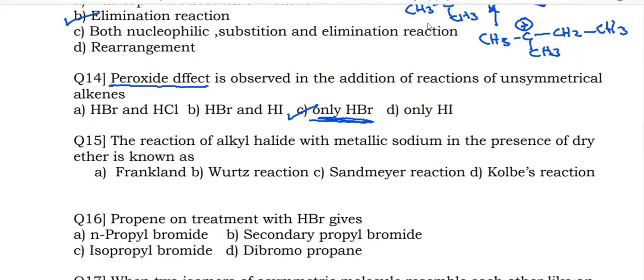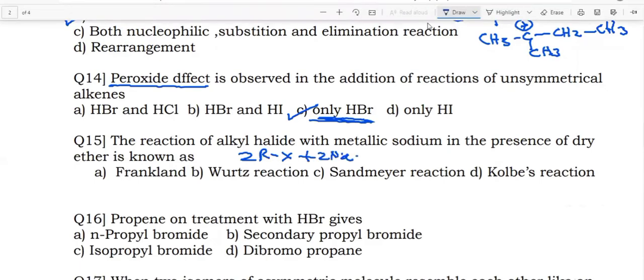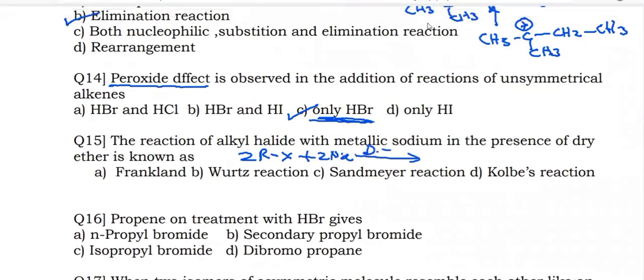So alkyl halide with sodium metal: 2RX plus 2Na in the presence of dry ether gives R-R, that's alkane, plus 2NaX. So this reaction is a Wurtz reaction. So answer B is correct.